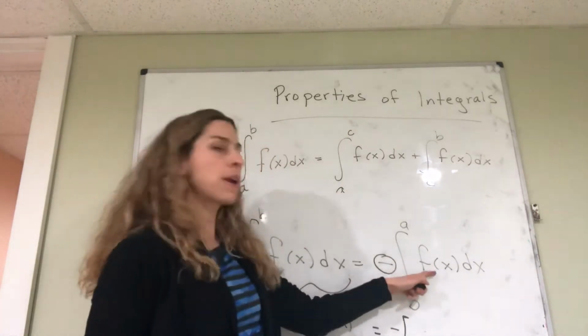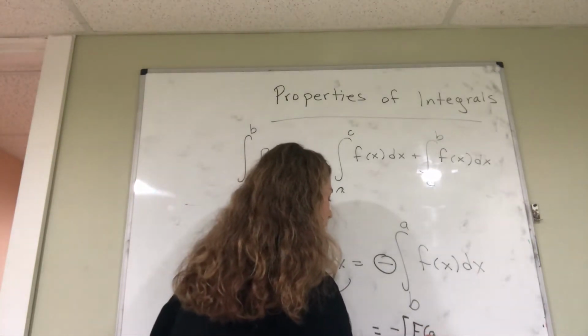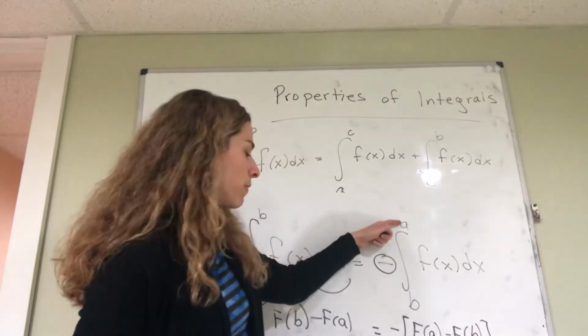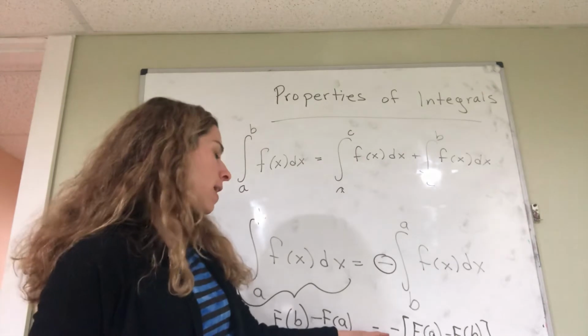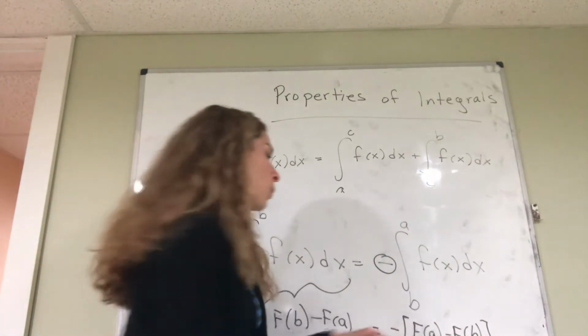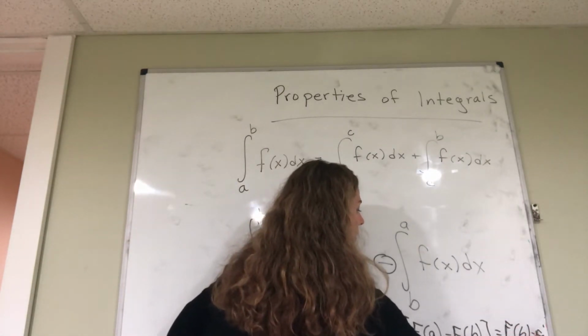If I was to evaluate using the fundamental theorem of calculus, I would have f of a minus f of b, because I need to plug in the upper limit first and then the lower limit. Now, if I distribute this minus sign in front, it's going to give me minus f of a minus minus f of b, which is really just f of b minus f of a.